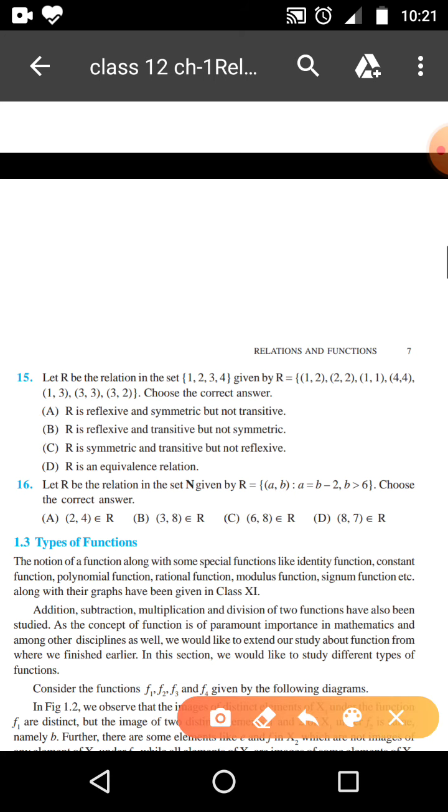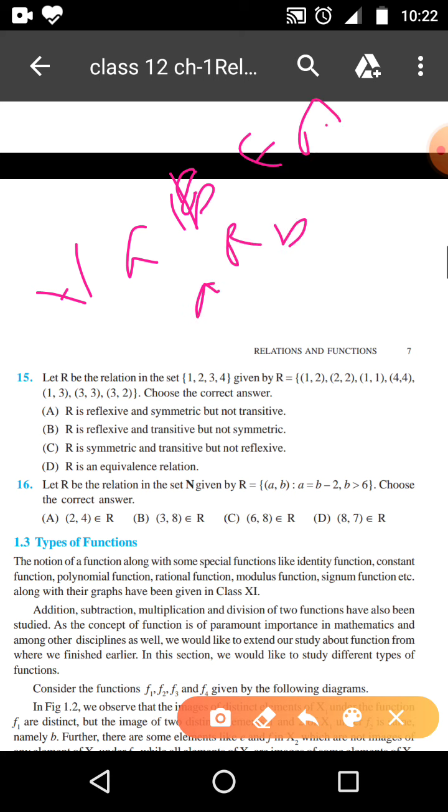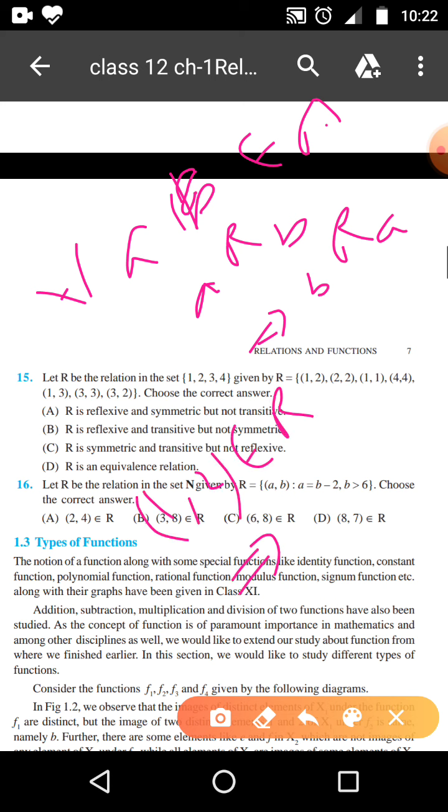For each a, b belonging to A, a is related to b implies b is related to a. So see, if we consider (1,2) belongs to R, it does not imply (2,1) belongs to R. (1,2) is there, but (2,1) is not there. That's why it is not symmetric.